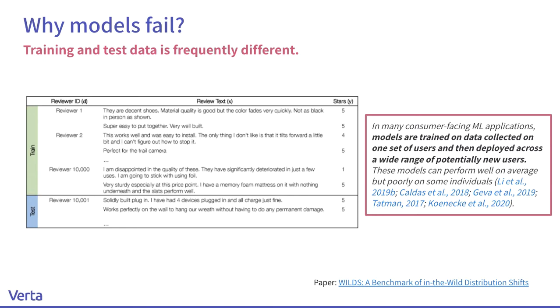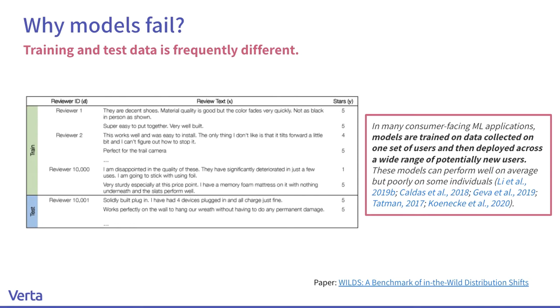Let's speak through the reasons why models fail. The first reason is that training and test data is frequently different. This is a benchmark done on how widely the distribution shifts between training and test data, which ultimately results in low accuracy models. What they found is that in many consumer applications, models are trained on data collected from one set of users, and then the model is deployed to the universe.